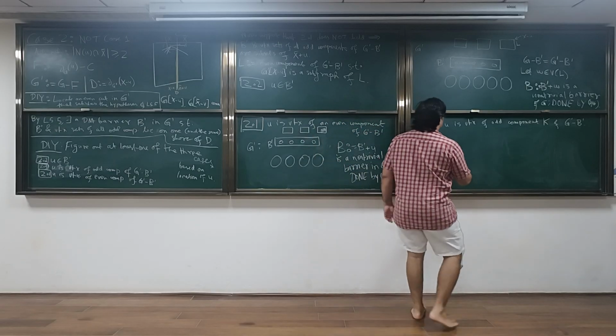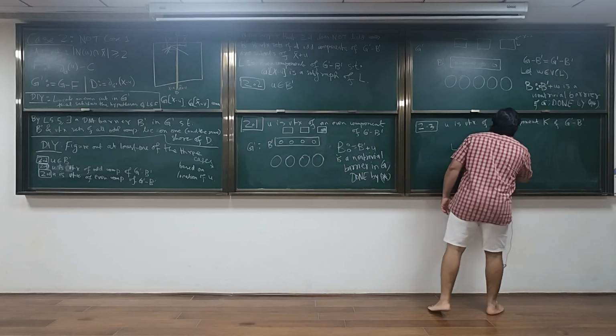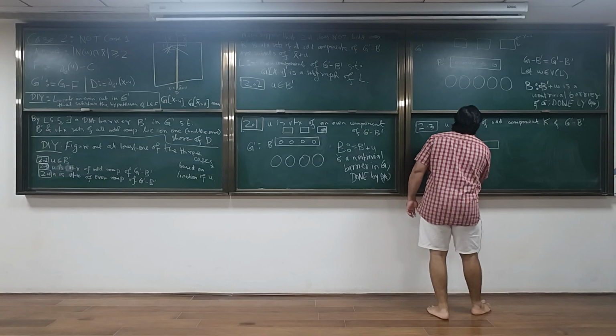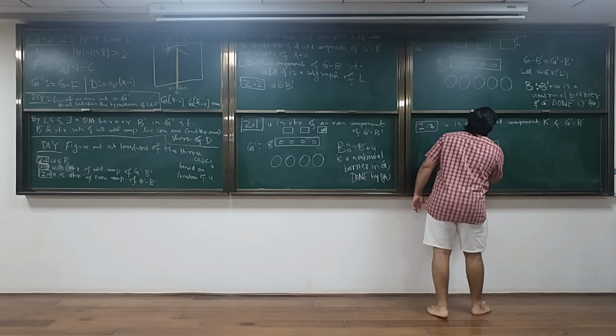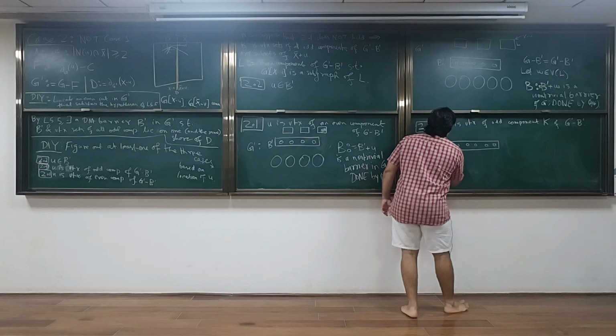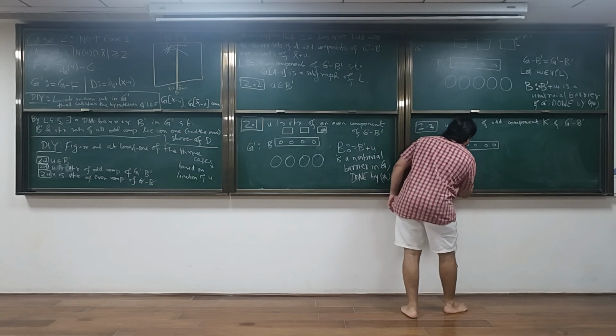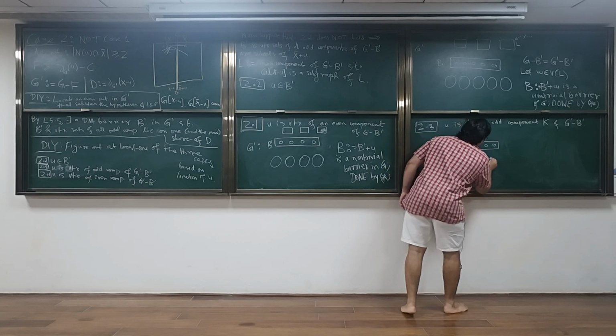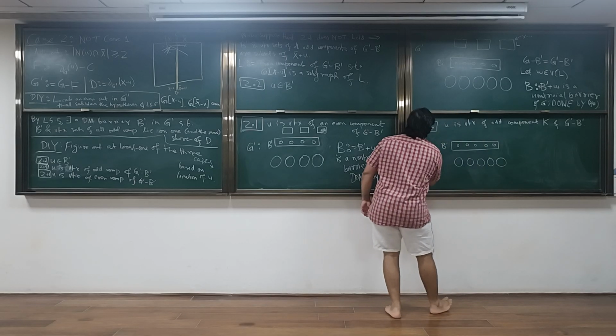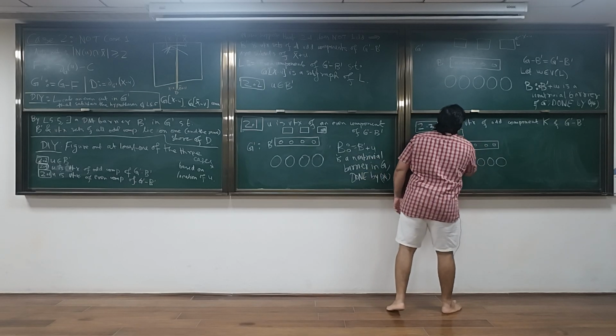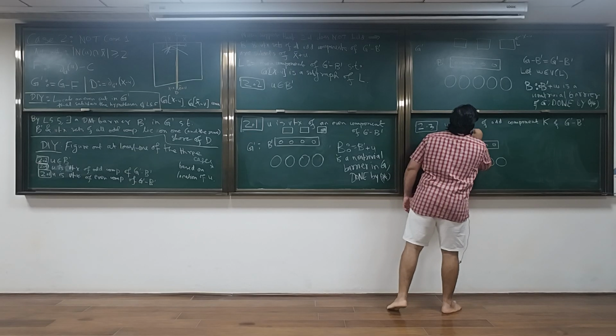Let's make a drawing of this situation. So we have a barrier. We have as many odd components, and we have possibly some even components.